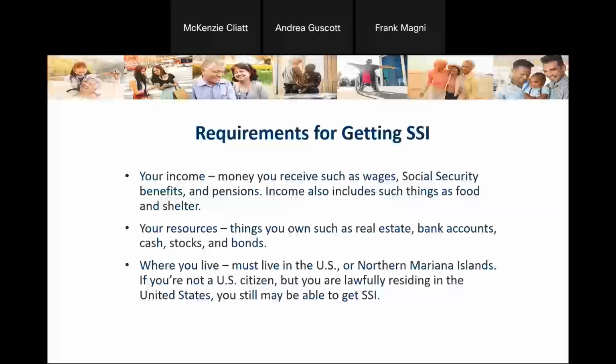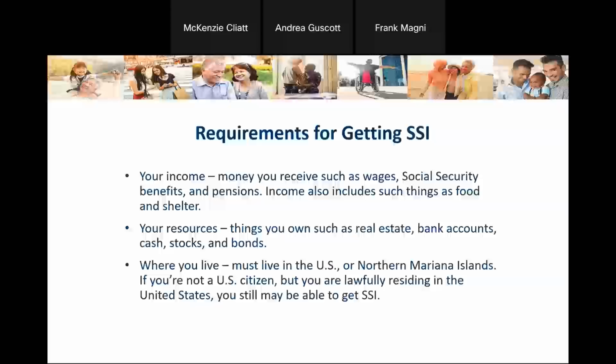SSI is known as a needs-based program, a program of last resort. It's also tied to Medicaid eligibility in the state of Pennsylvania. Common resources, as we look at the slide right here: any type of income does affect an individual's eligibility to get SSI. Wages, Social Security benefits, pensions, even money that family members are paying.